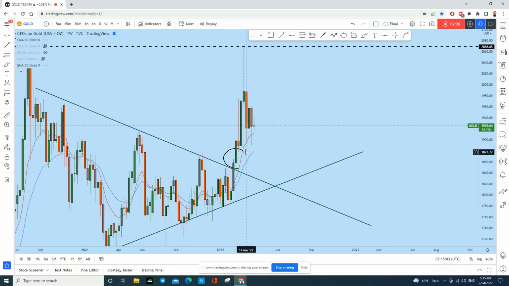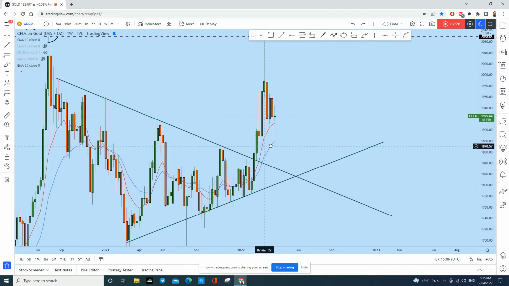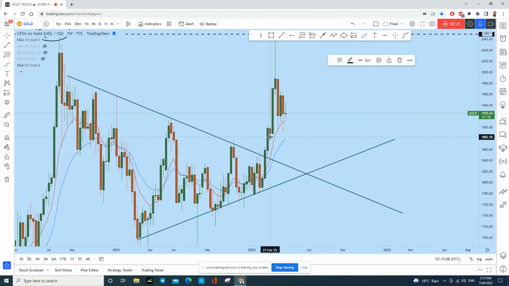As you can see, there is nothing here. This zone has not been tested, and the market doesn't like imbalance. So we might see gold coming down to test this resistance as a support, and also balance this imbalance, and then may start to rise up.